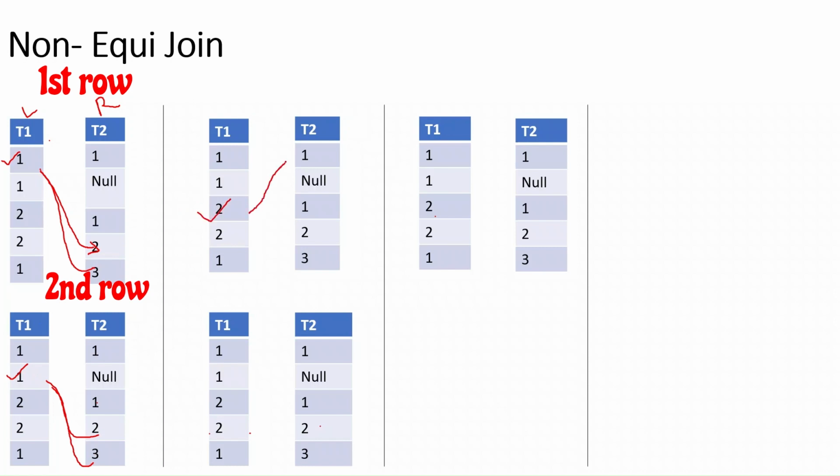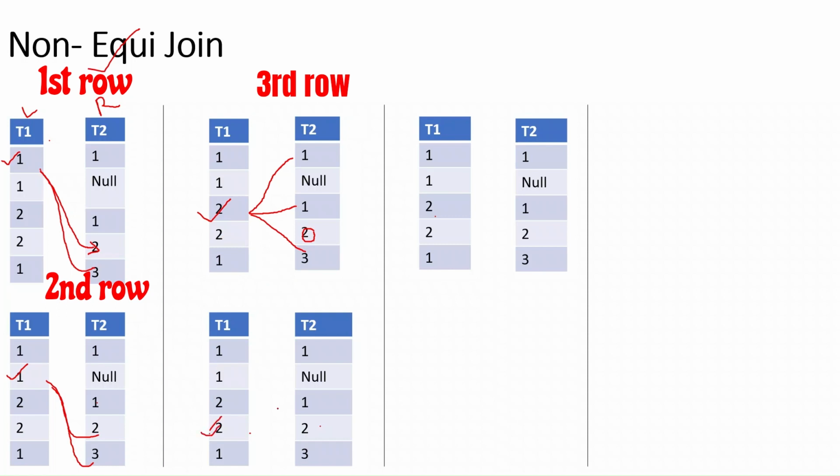Now take the third row. In the third row, 1 is not equal to 2, so it will take it because this is a non-equi join. Now this one also it will take, and 3 also it will take, but 2 it won't take. Now the third row is finished.